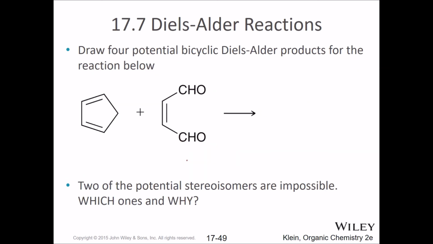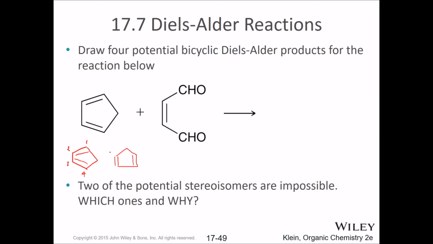Okay? All right. You know what? I'm going to do the cyclopentadiene together here. I was thinking I had a picture of it here, but I don't. 1, 2, 3, 4, right? Agreed?